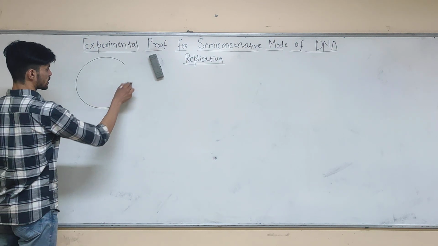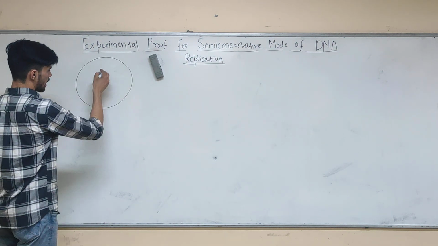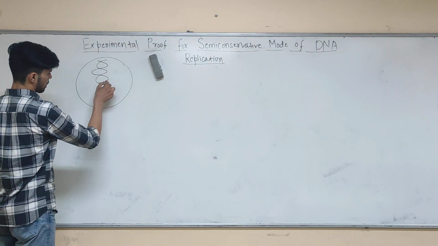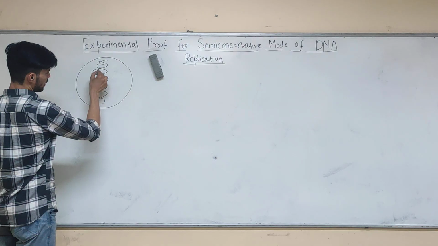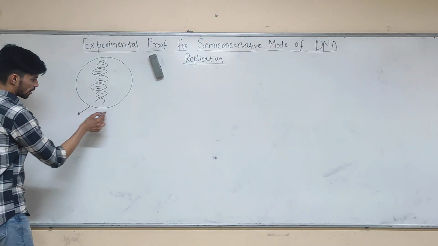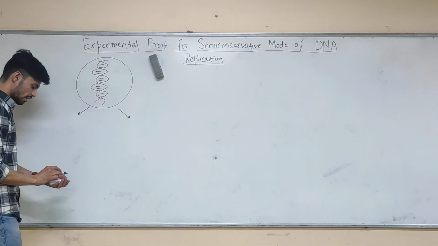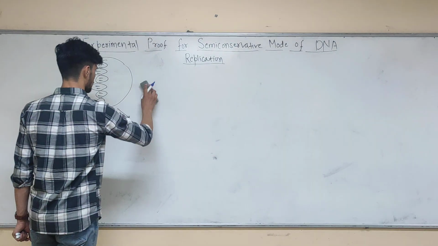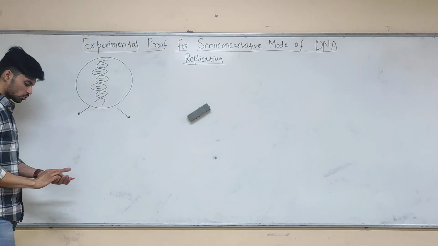Let's assume that this is a cell, and here is our DNA. It is normally a double-stranded DNA. When the S phase comes, we know that the DNA will divide or replicate. So what happens here?